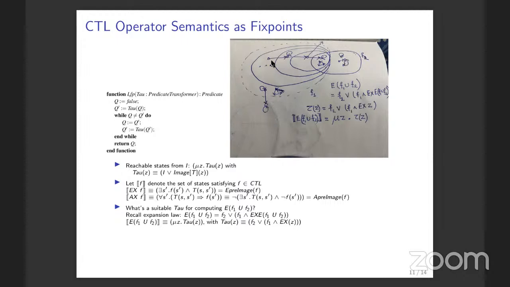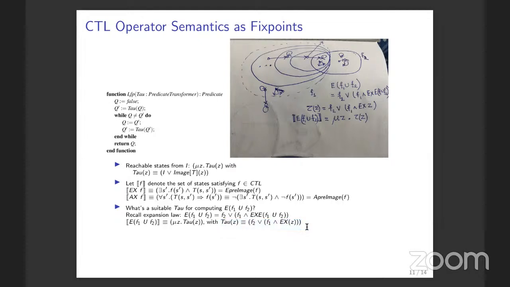You only add those states which have at least one successor which will eventually lead to F2. And that's exactly what the fixed point of the tau defined here will include, and only those.